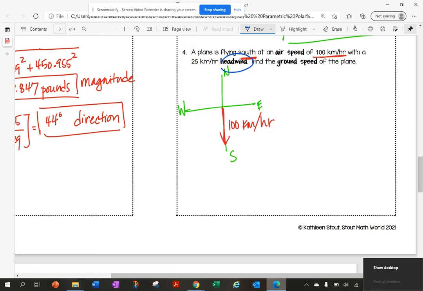When I have a headwind, that means the wind is against, or opposite. So it's 180 degrees in the opposite direction. From tip to tail, it means I am going to go 25 in this direction.